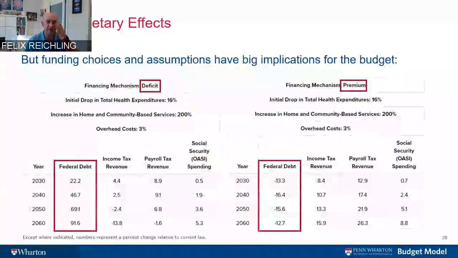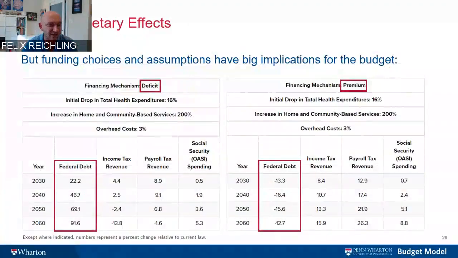So what are the budgetary effects of Medicare for All? You can see two tables here. One is deficit financing on the left side. On the right side, the funding mechanism is premium financing. So households are being charged an insurance premium that for poor people would be paid for by Medicaid.